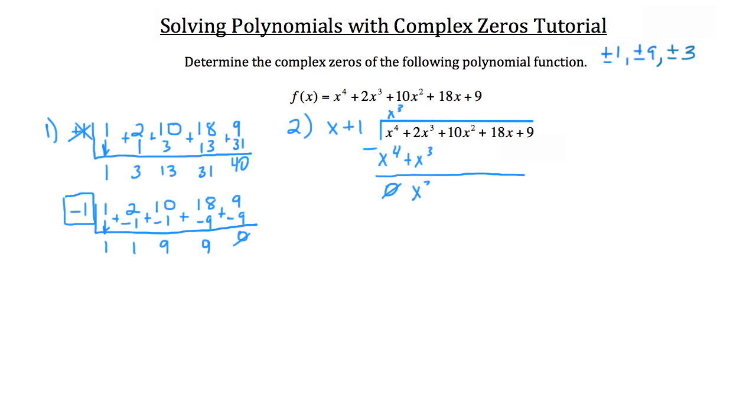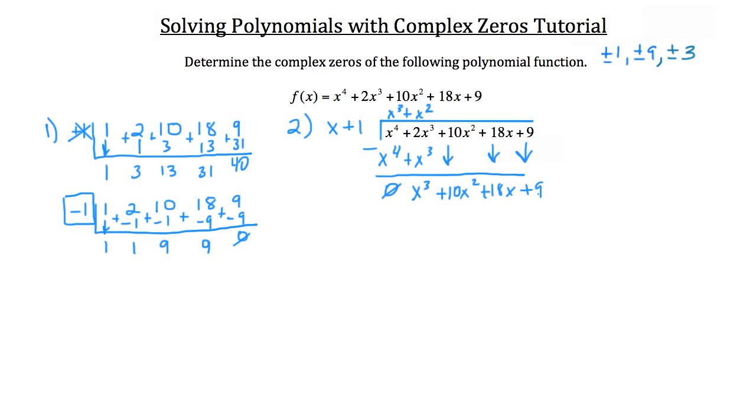So now we ask, what do we multiply x by to get x cubed? Well, we'd have to multiply it by a positive x squared. And I'm also going to bring down these terms that were still remaining. So we've got positive 10x squared, positive 18x, and positive 9.